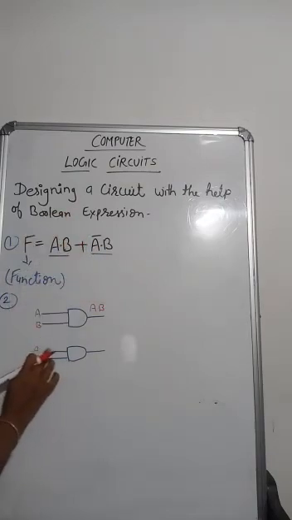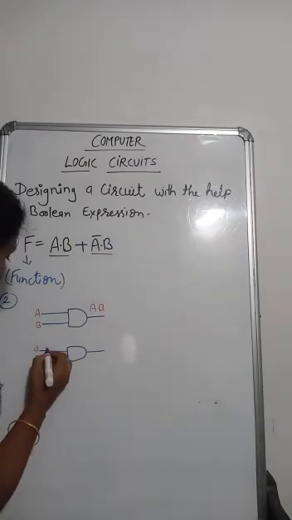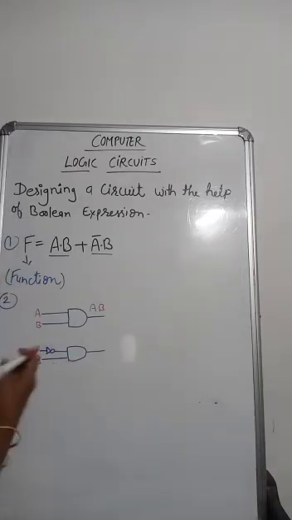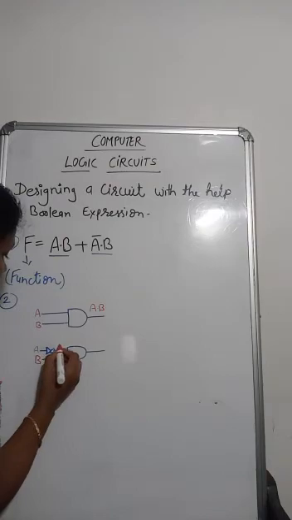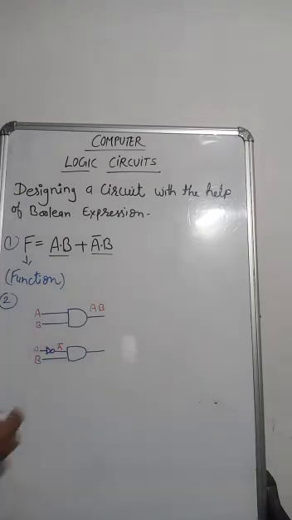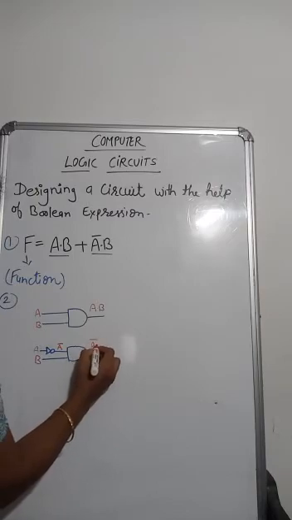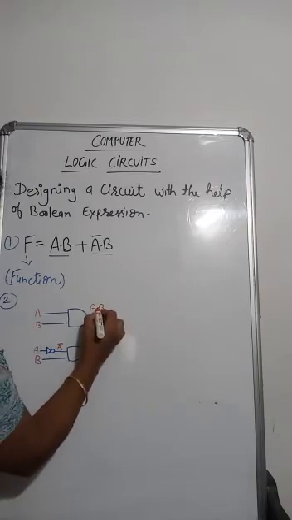A bar means A with a NOT gate. Okay, so one NOT gate is here, and we receive after the NOT gate A bar. Fine, and the output is now A bar dot B.